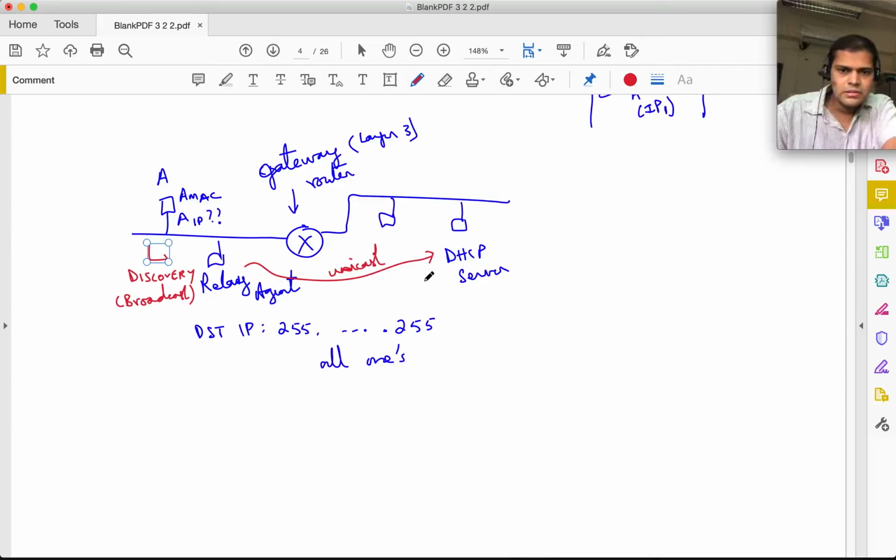And the DHCP server is going to reply back with an offer, and this is unicast to the relay agent.